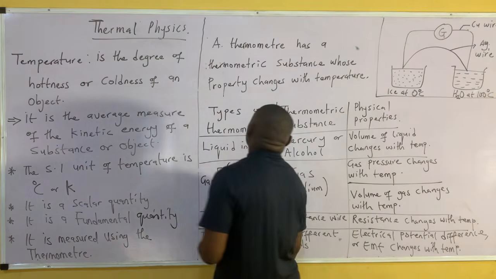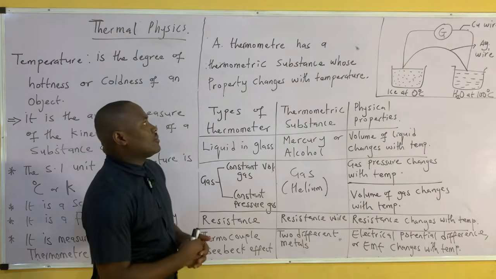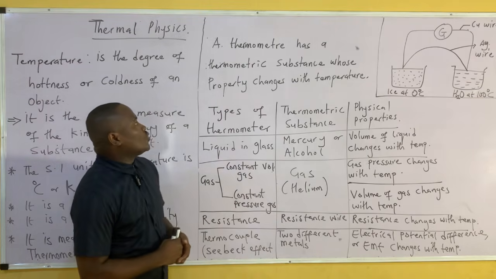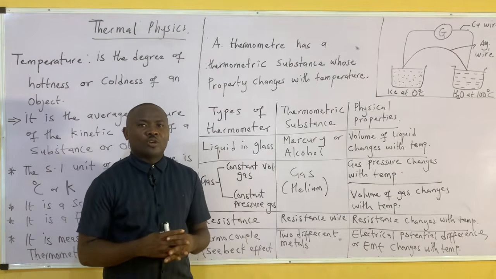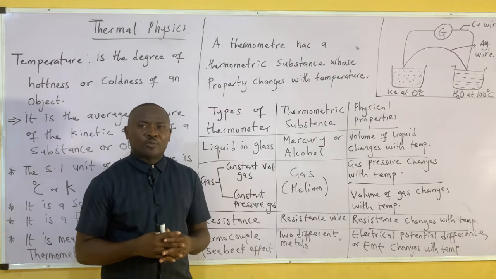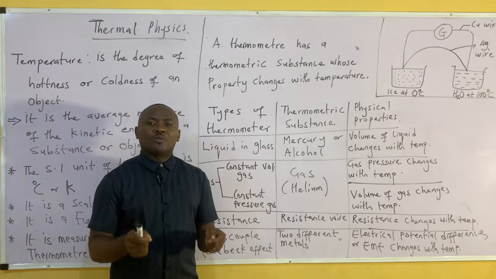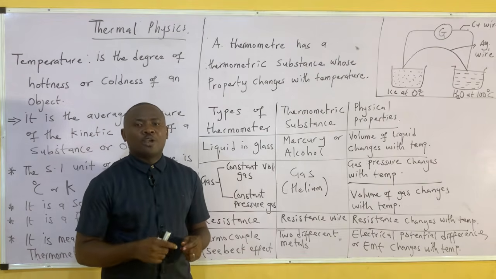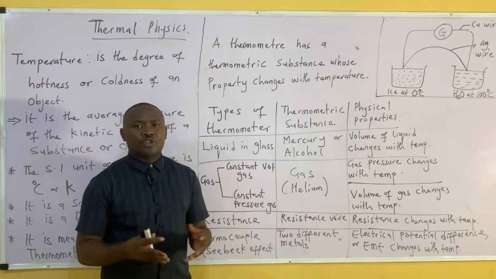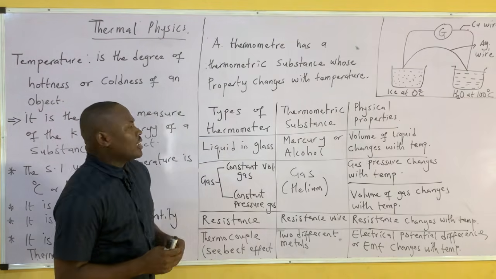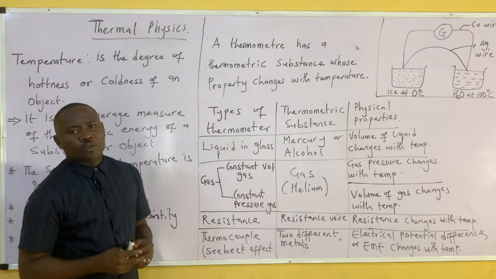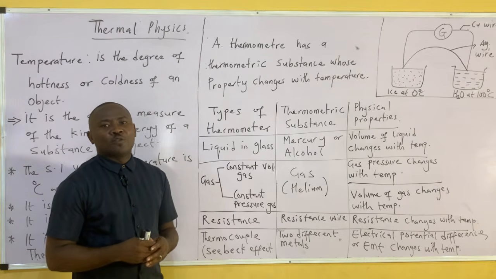A thermometer has a thermometric substance whose property changes with the change in temperature, either the rise or fall in temperature. So in every thermometer, you have a substance in them which enables us to measure temperature. And these substances are called thermometric substances. Now, these substances help us to break thermometers into various kinds.